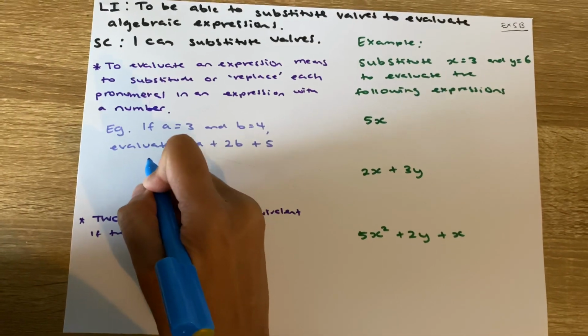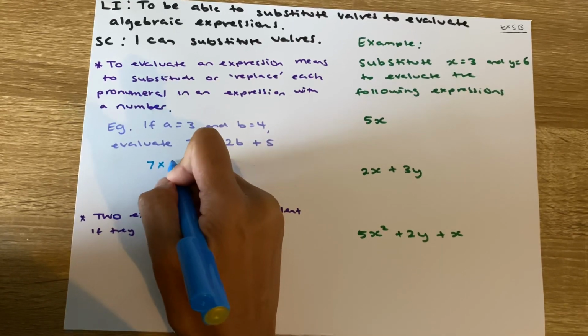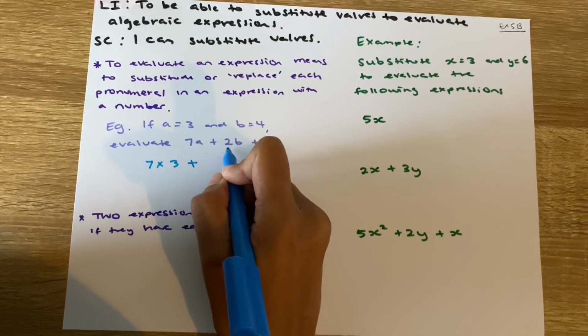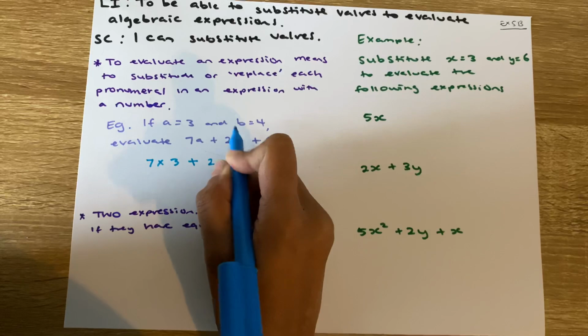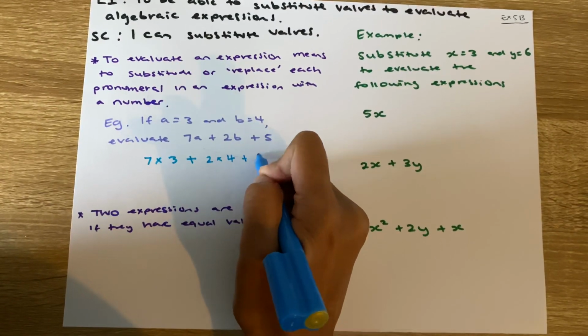So we're going to write it like this: 7 times A, which is 3, plus 2 times B, we know B is 4, plus 5.